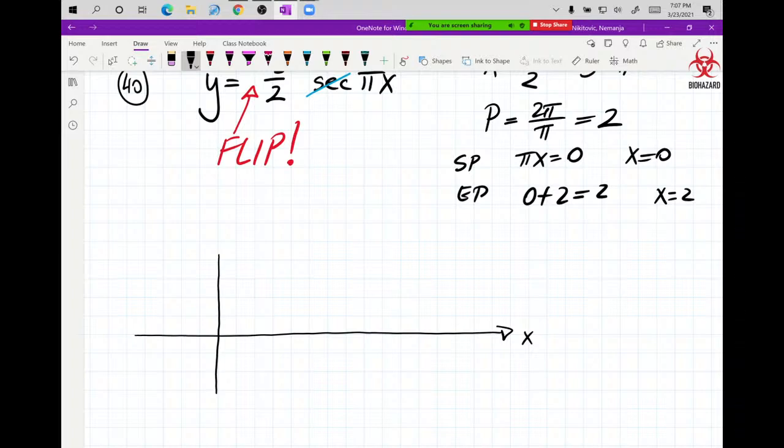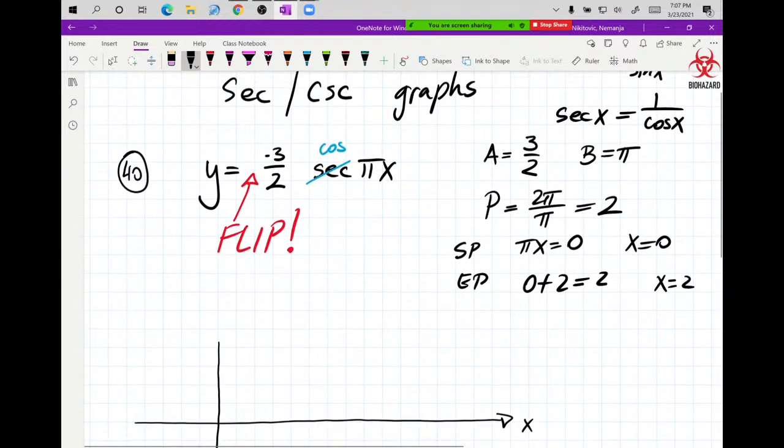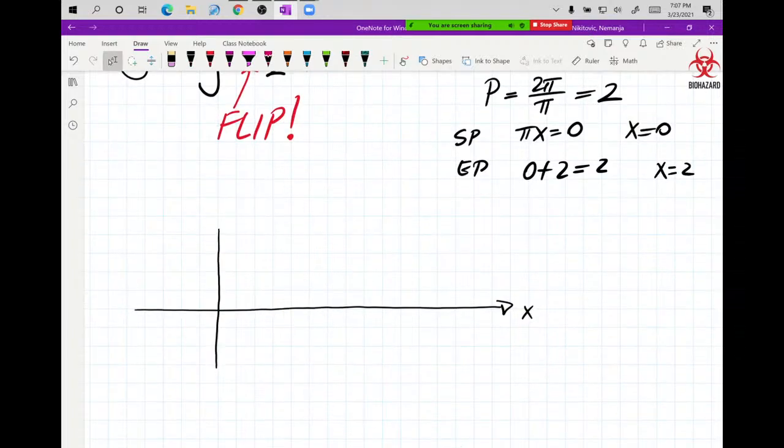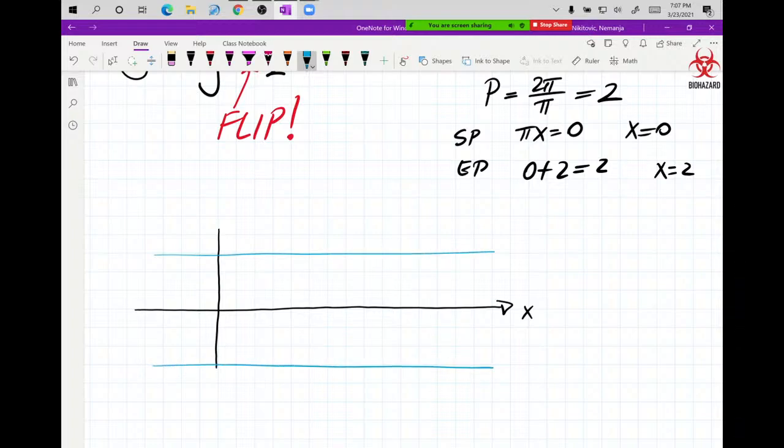All right, so what do I have? I have 0 to 2, and I have the midline, and I have to go up 3/2. That's 1.5. Okay, so let's use 3 boxes for 3/2. There we go.